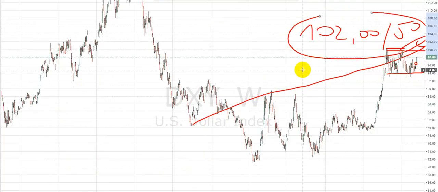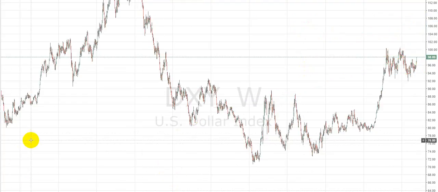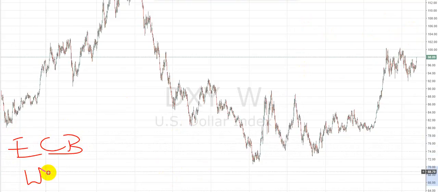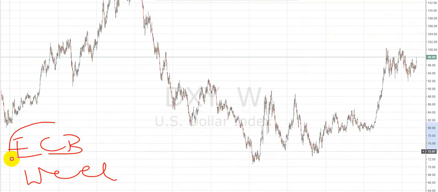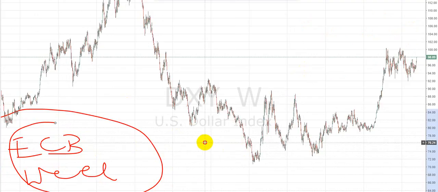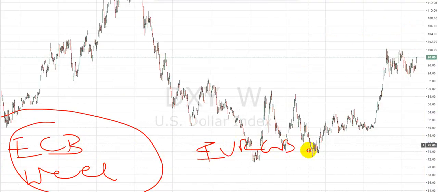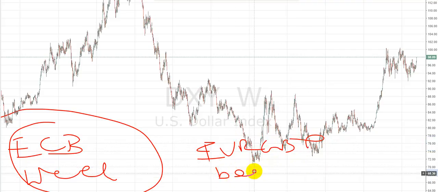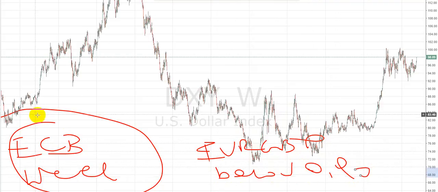so in that case, what could be the trade of the day or trade of the week starting Monday? Please bear in mind that that's ECB week. That's one thing. The second thing is Euro pound below 90.